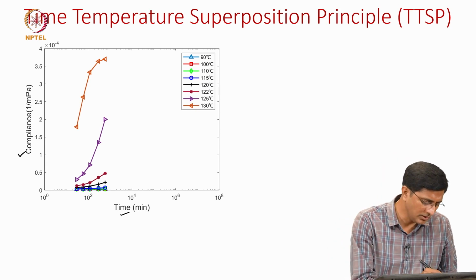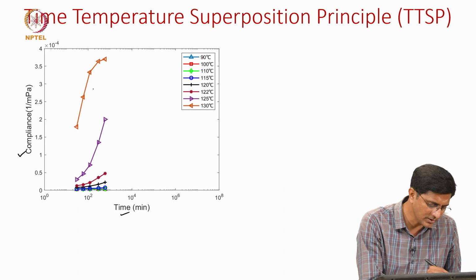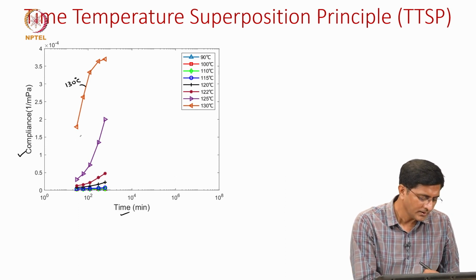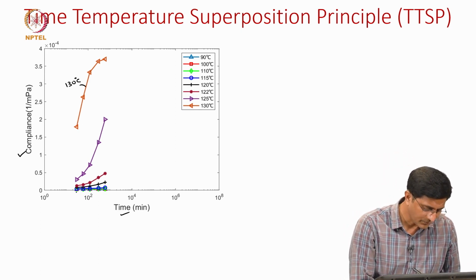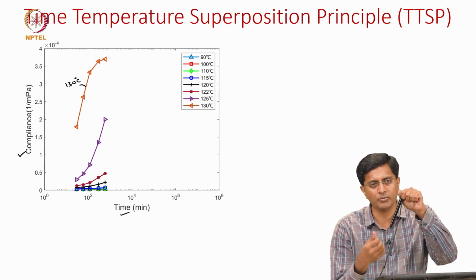That is what we are seeing here, saying that these brown marks correspond to 130 degrees. So, you do a creep test and measure the creep compliance.